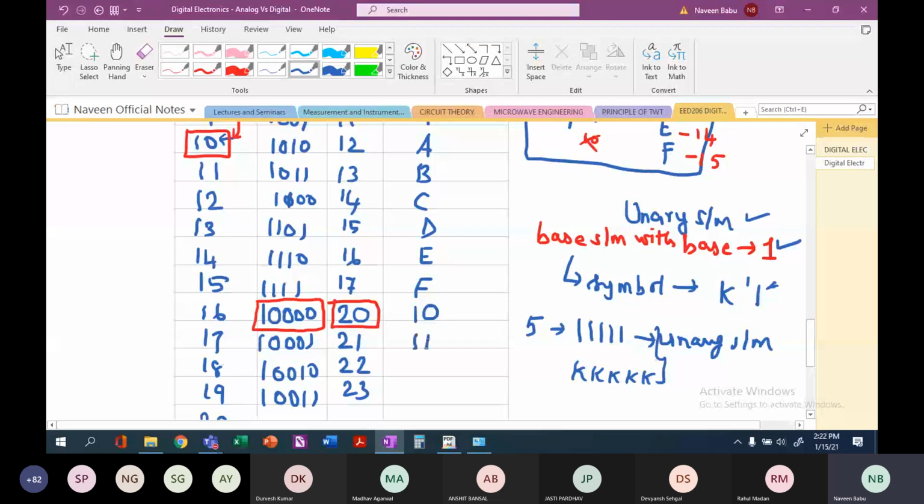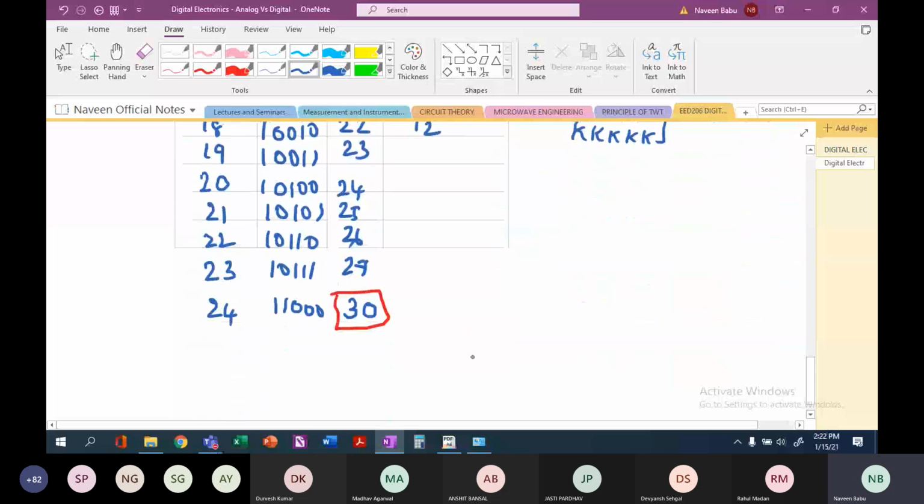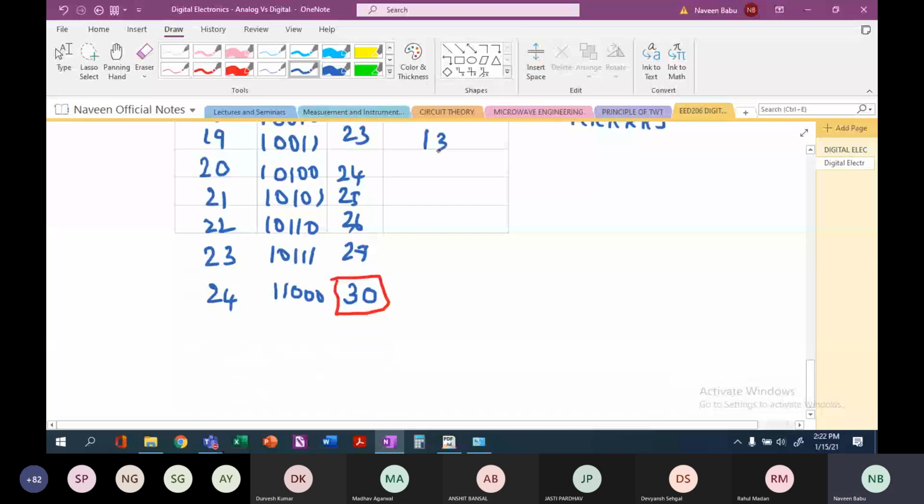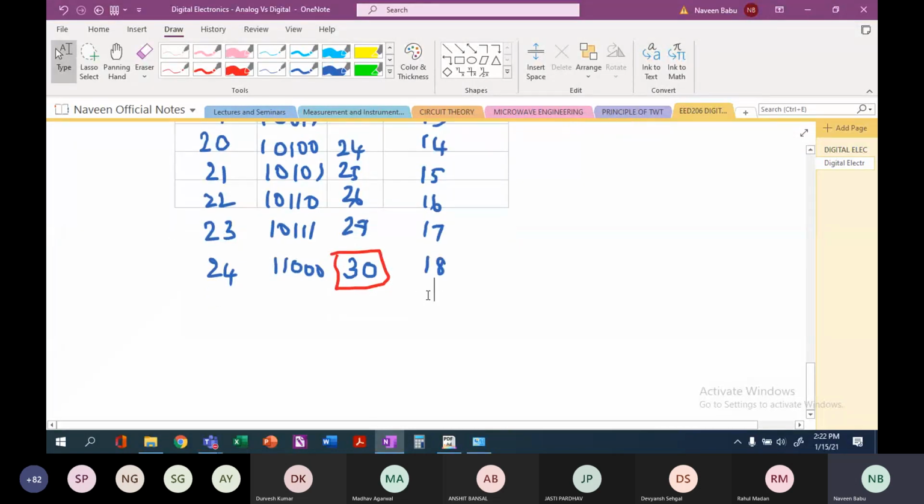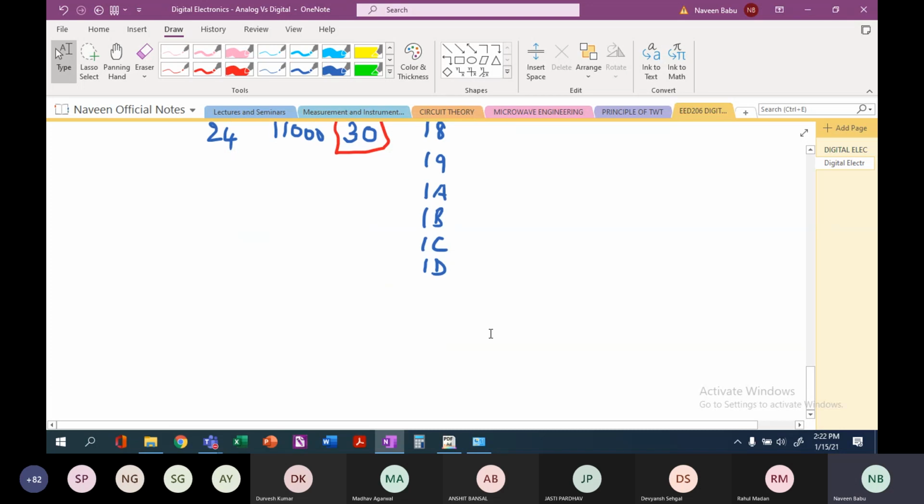Then it is 10, 11, 12, 13, 14, 15, 16, 17, 18, and if I continue this, just for your convenience, 19. After 19, it becomes 1A, 1B, 1C, 1D, 1E, and 1F. After 1F, it gets reset to 20.